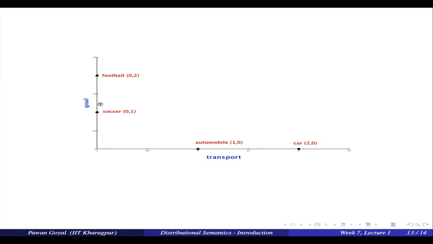Football occurs with goal, not with transport. Automobile occurs with transport, not with goal, and car occurs with transport, not with goal. Immediately you can see some separation: soccer and football are coming out to be more similar, and automobile and car are coming out to be more similar, by just looking at these 2 dimensions. That is a very interesting aspect that the distributional semantic models try to capture.